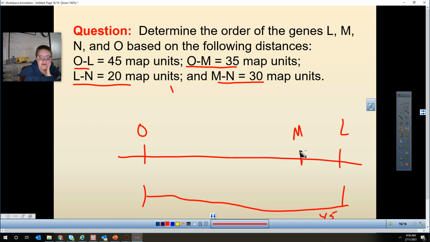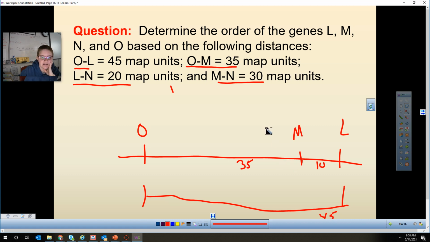That would be 35, which puts this at 10. 10 plus 35 is 45. And now I need to find where N goes. L and N are 20 map units apart, so I could put N here. M and N are 30 map units apart. Oh my gosh, so I can't put it there.